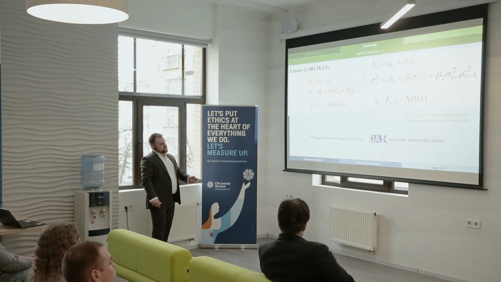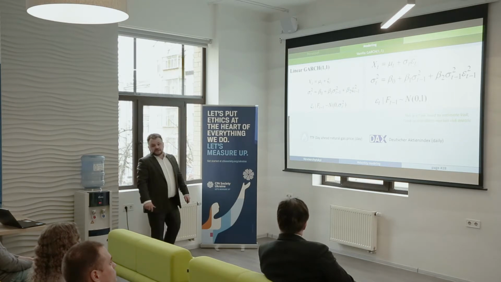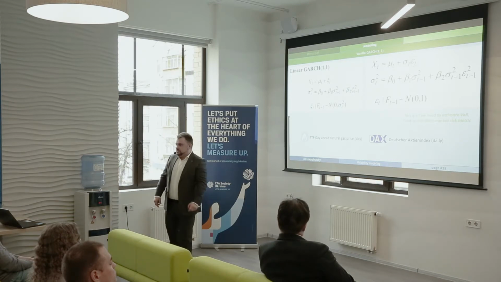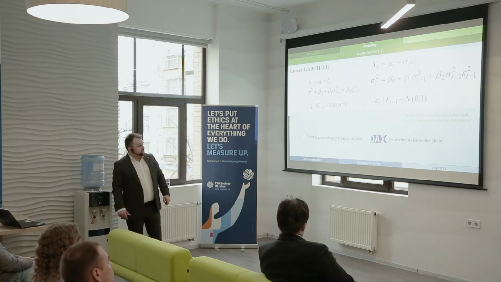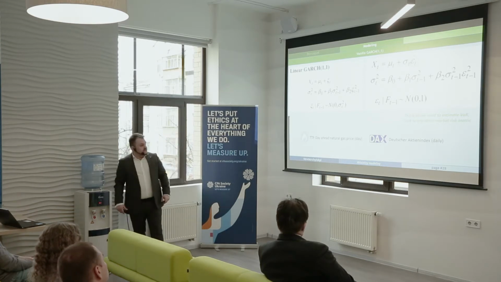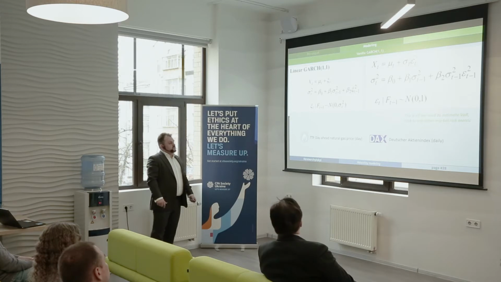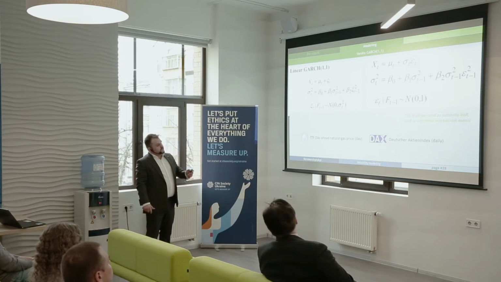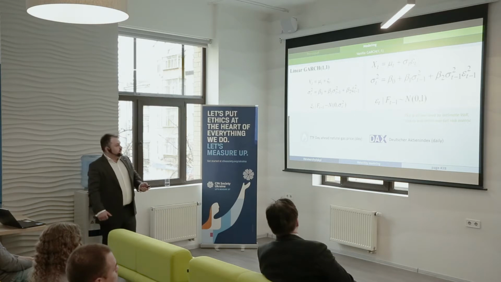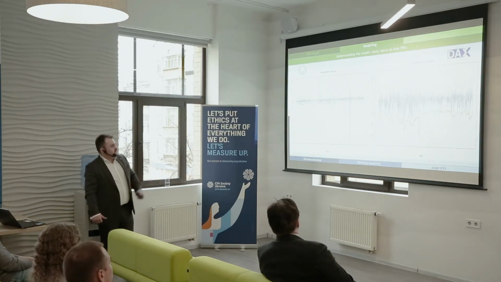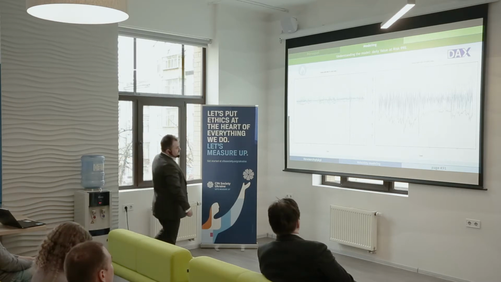In case of our specification, in case of normal law, it will be 2.32 as a coefficient for 99% value at risk, and this coefficient has to be multiplied by the actual updated conditional variation.